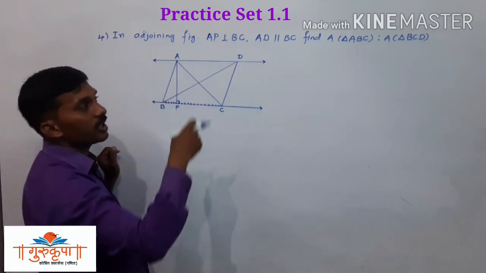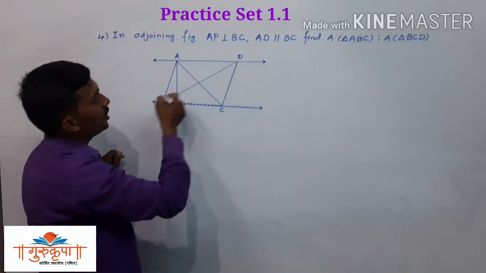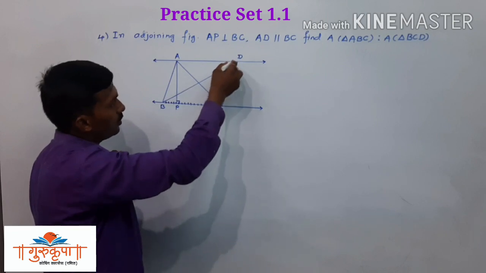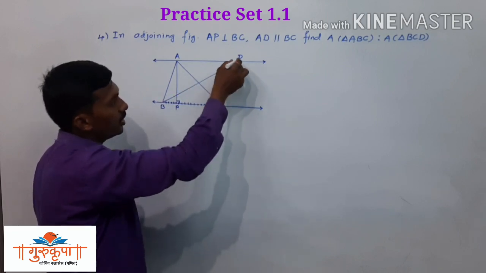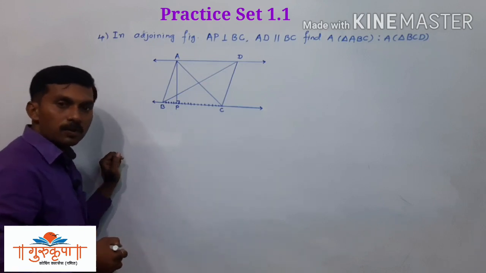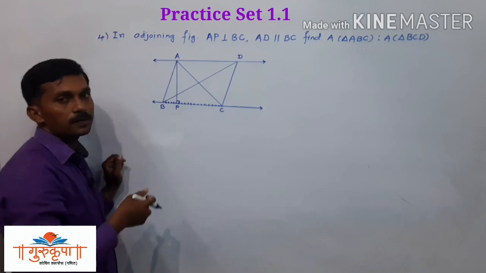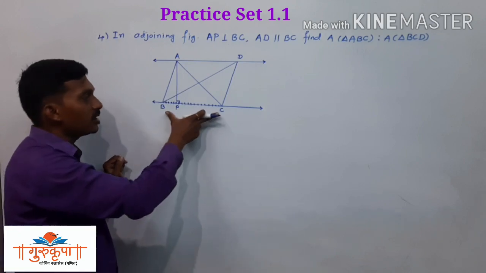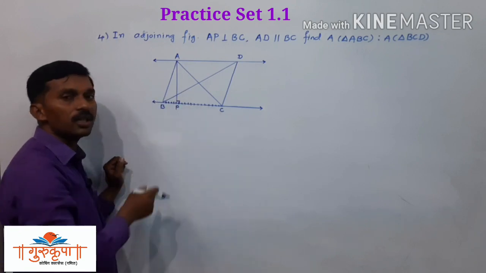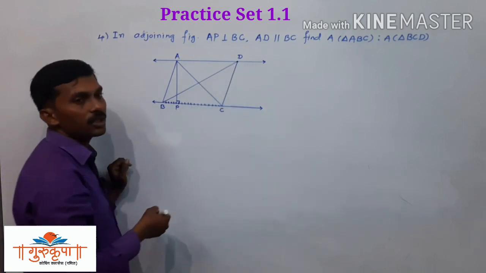Now the second triangle, triangle BCD. See the triangle BCD in this diagram, that is B, C and D. Once again we consider that BC is the base of that triangle. Then we have to plot the perpendicular from the opposite vertex to the base.